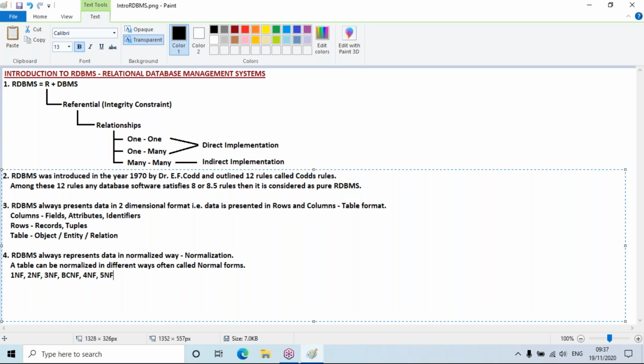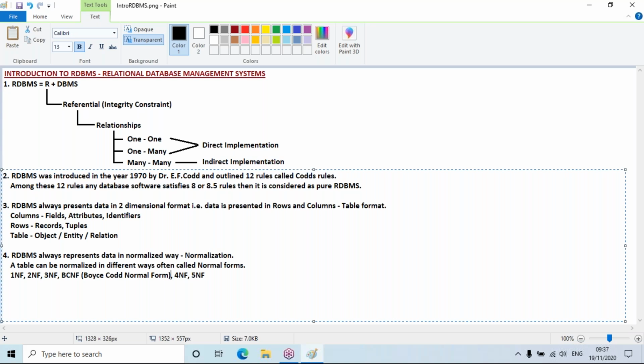First normal form, second normal form, third normal form, then Boyce-Codd normal form, then 4NF, then 5NF.